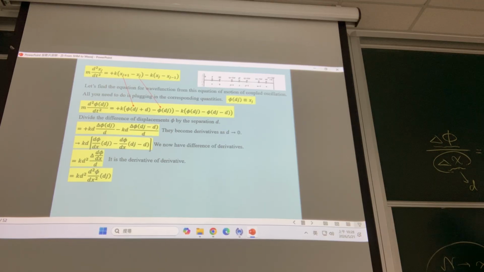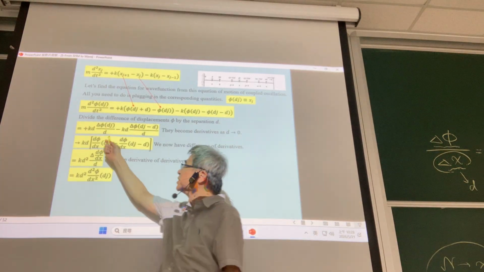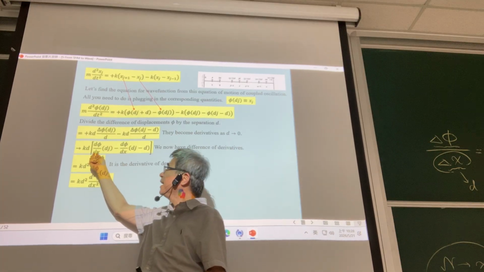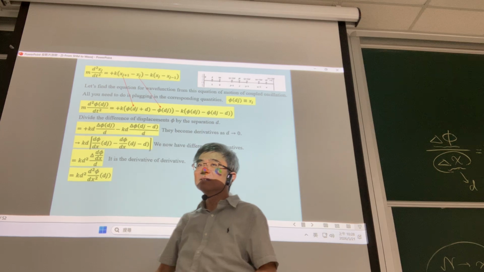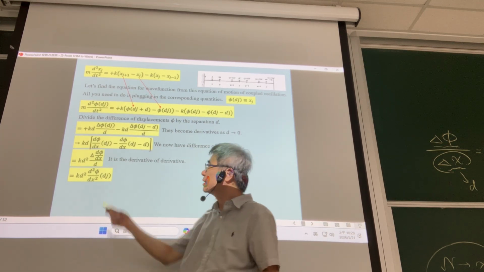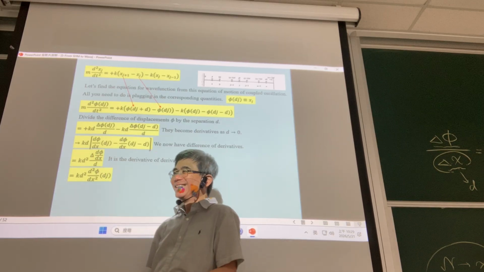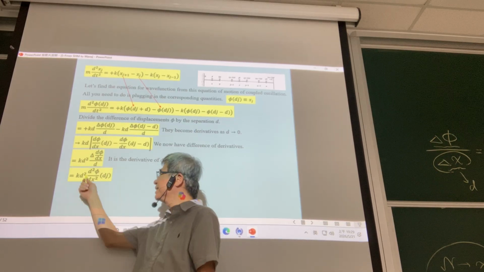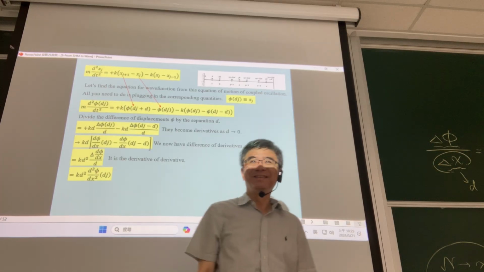Good. Okay, so I hope everybody more or less is happy with this step. If this could be written as d phi dx, then the next step is exactly the same thing, except that I am taking the derivative of the derivative. So it's a double derivative, d squared phi over dx squared.